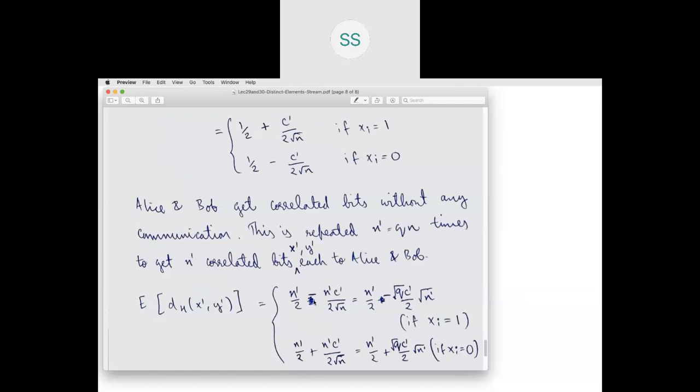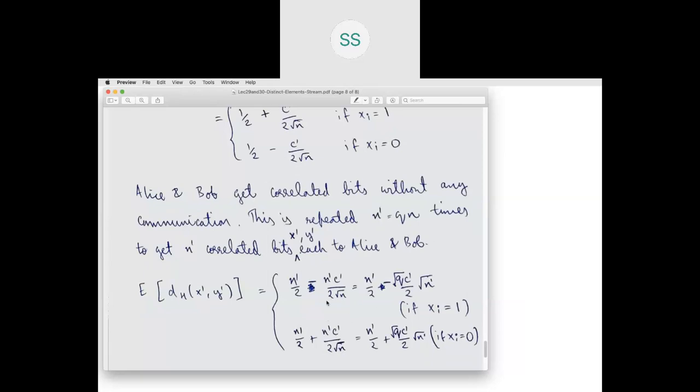So you get n prime by 2 minus n prime c prime divided by 2 divided by square root n. This is still square root n, because this is on the basis of how many bits are looked at to generate each bit. And this is the expectation when xi equal to 1.